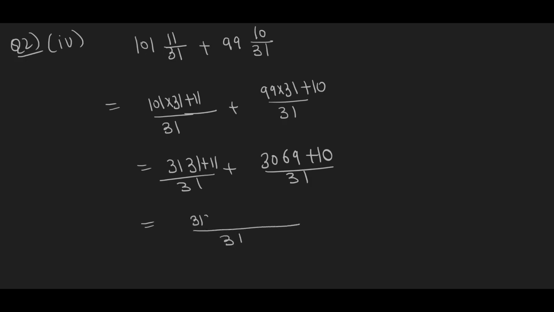So 3131 plus 11 plus 3069 plus 10. On adding all together, this will be 6221 upon 31. This will be your answer.